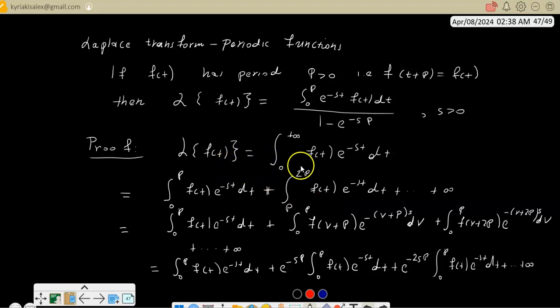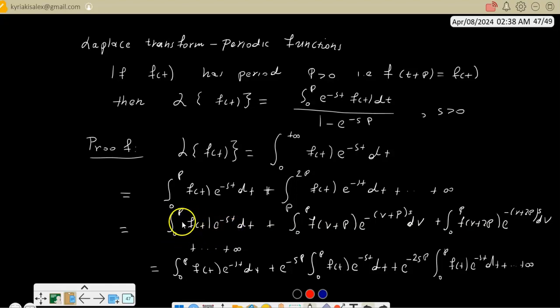So we took the Laplace transform and split it from 0 to p, from p to 2p, to show the periods and keep summing the other terms.